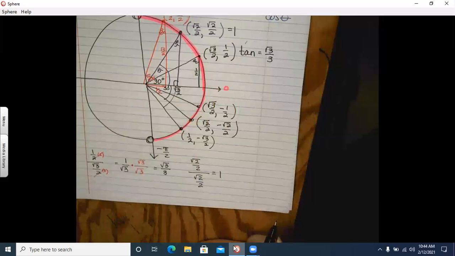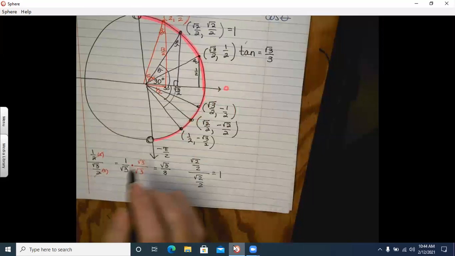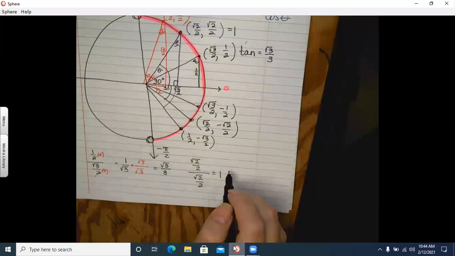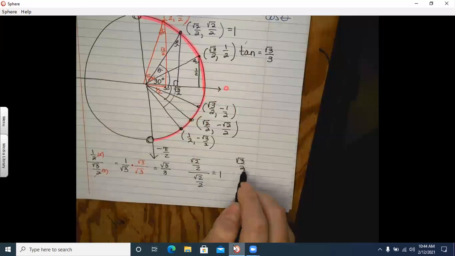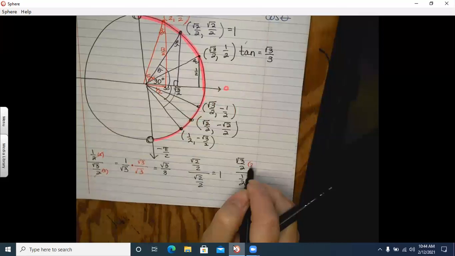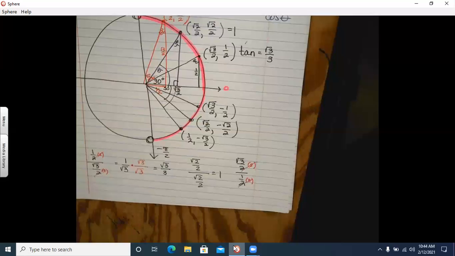And let's do the 60-degree angle. Okay. So we have square root of 3 over 2 divided by 1/2. Complex fraction. And now I'm left with the square root of 3 over 1, or just the square root of 3.